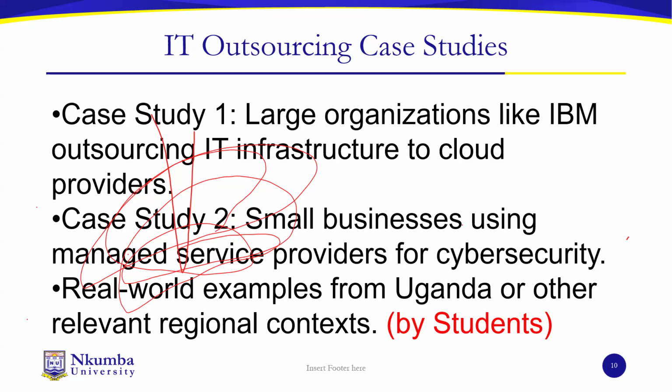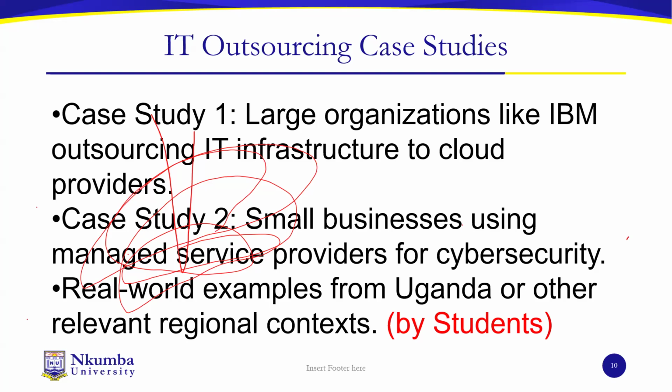Then the second case study: small businesses using managed services providers for cybersecurity. Students of cybersecurity here can understand it very well. Okay? You know, cybersecurity is very crucial today and it's unmanageable. You need an expert.